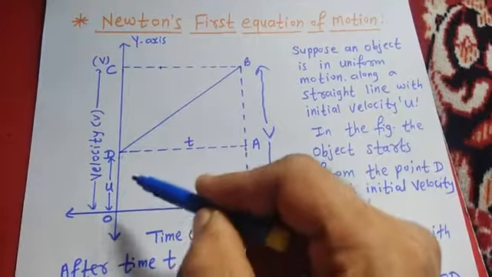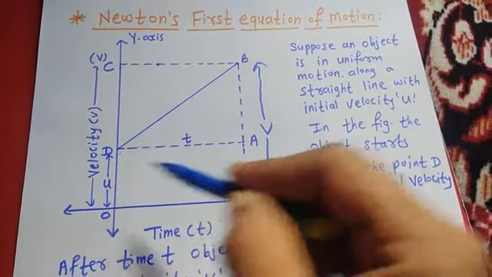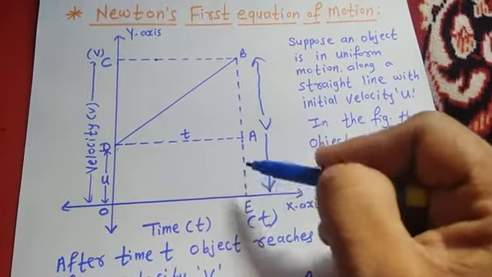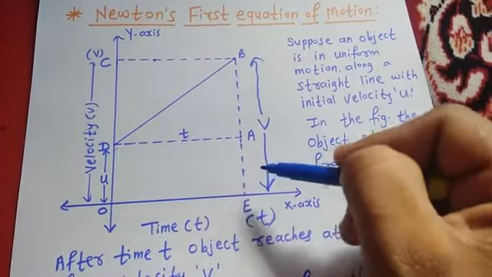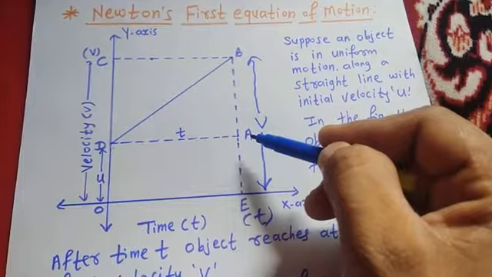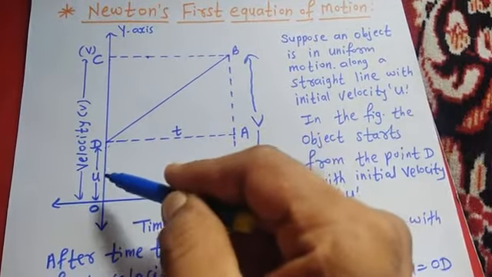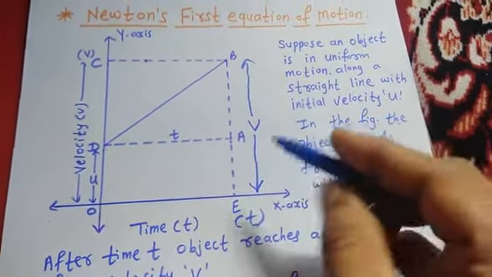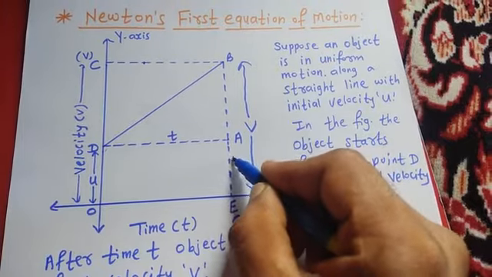Again, OD is equal to AE. These are the opposite sides of rectangle, and opposite sides of rectangle are congruent and their coordinates are also same. So OD is equal to AE is equal to u.